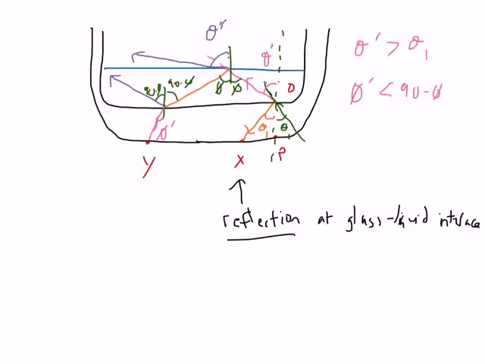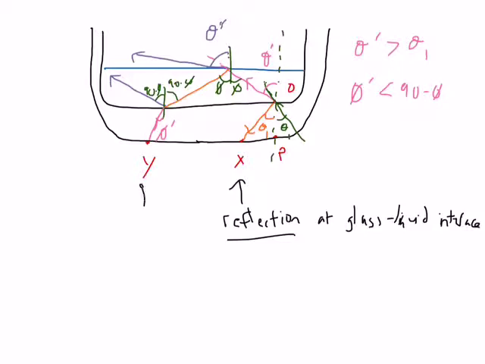To form spot Y, we need light to first refract at the glass liquid interface, then reflect at the liquid-air interface, and then refract a second time at the glass-liquid interface. All three of those things are required.